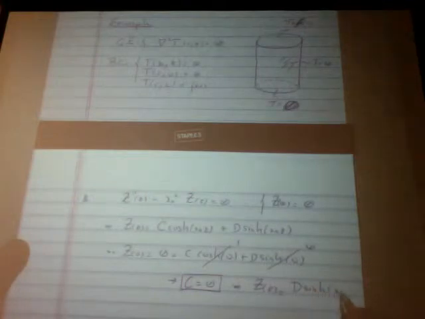So Z of z is equal to D times the sine hyperbolic of lambda n z.